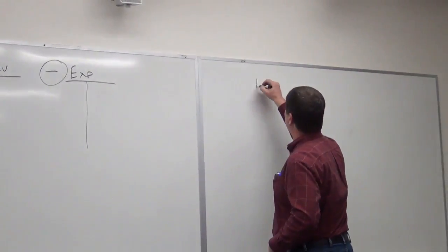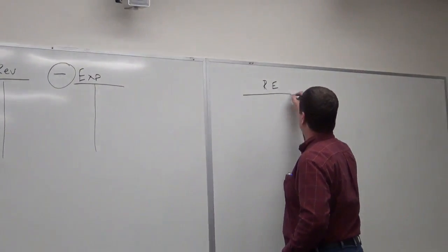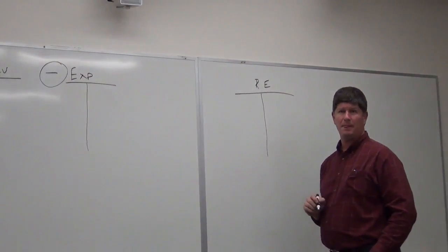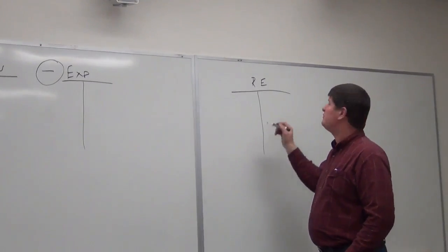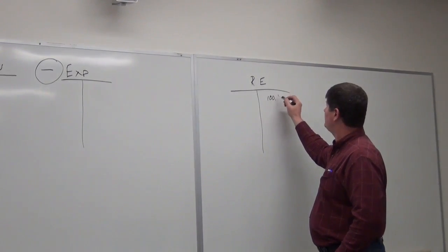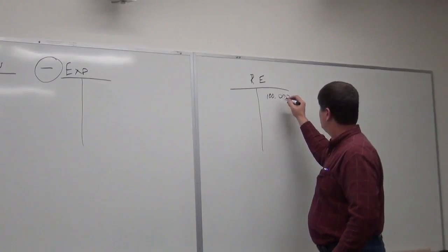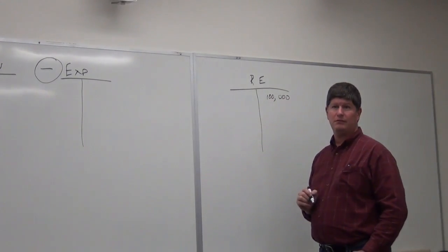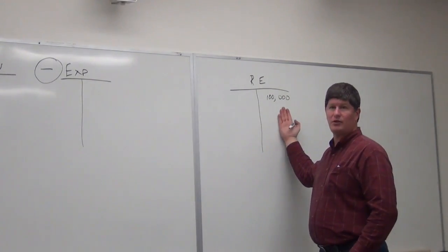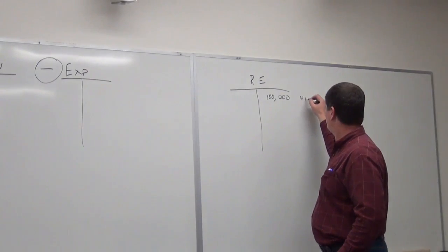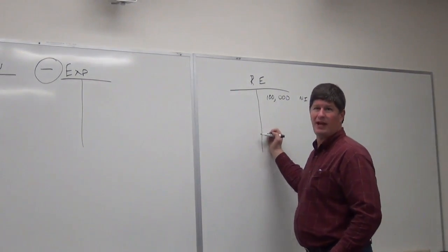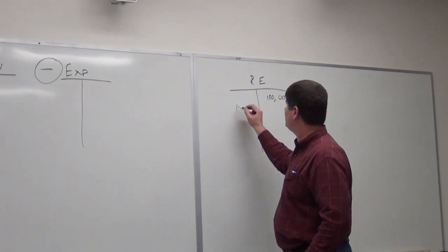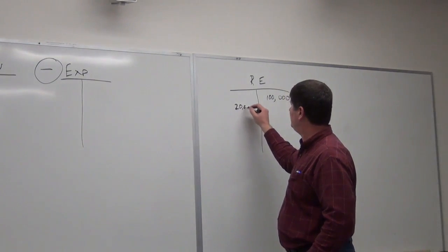If I put retained earnings over here, let's say it's a new company, okay? The first year we make a profit of, say, $100,000. Stockholders' equity increases on the credit side. So this is net income. Let's say the second year we had a loss of $20,000.